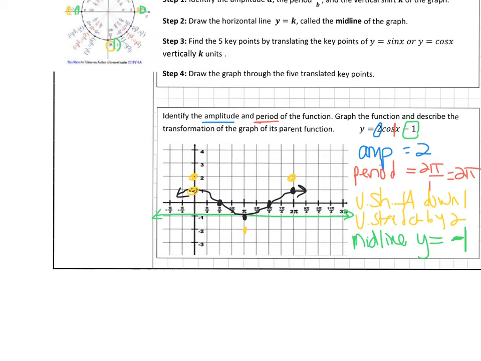So each one of these points, I'm going to shift down 1, down 1, down 1, down 1, and down 1. So then my final one cycle is going to look like that last yellow graph.